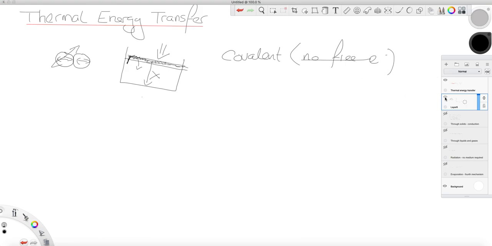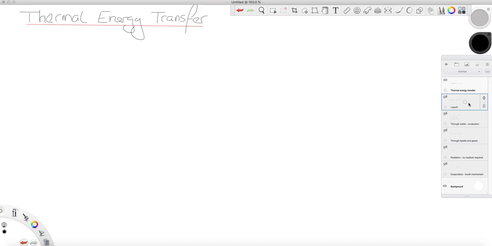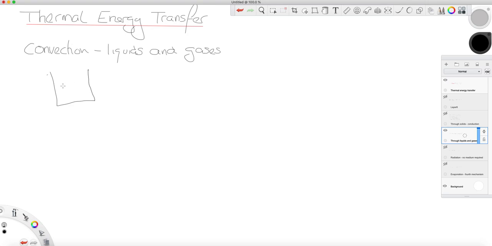So this is why we need this other mechanism to transfer through liquids and gases. So convection, then, you take your liquid or your gas, but I'll take a liquid to start with.